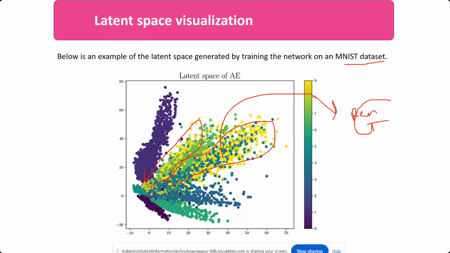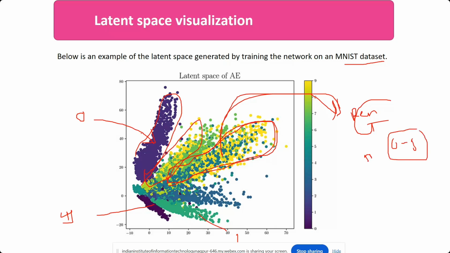If your decoder takes the data from this latent space, this cluster, there is a possibility that this cluster belongs to the 0 category, this cluster to the 9 category, this cluster to the 7 category. But if you observe here, there is overlapping, so no cluster forms here. If I take the data from this and try to reconstruct, that image would be a garbage image. It will not fall into the 0 to 9 category digits.